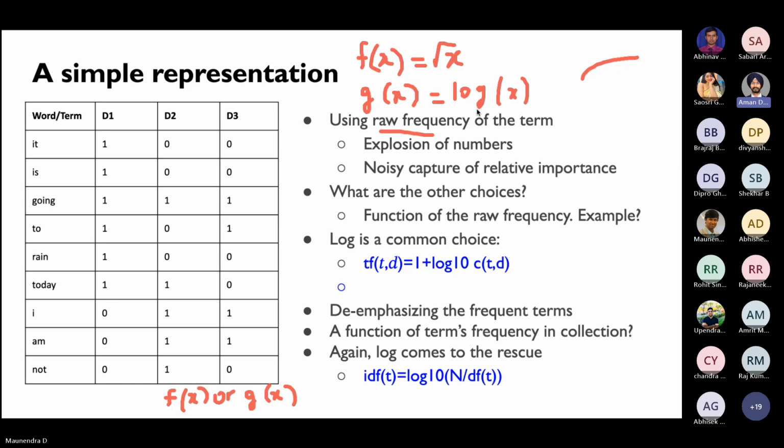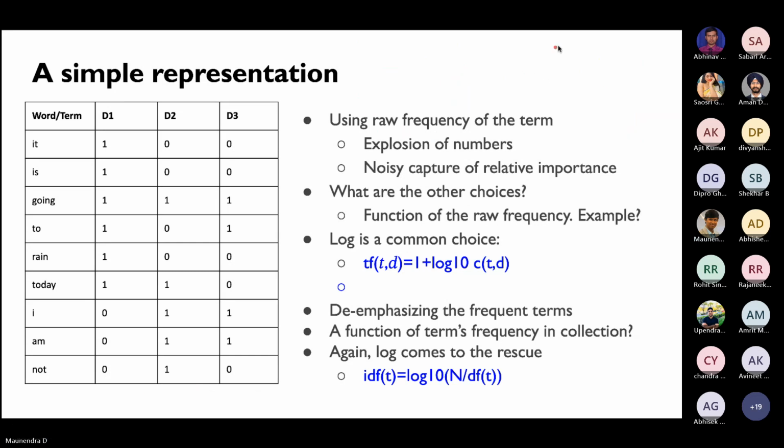Now, can you please explain the damping to me? If you plot square root of x, the curve will be maybe something like this. And log will be concave.